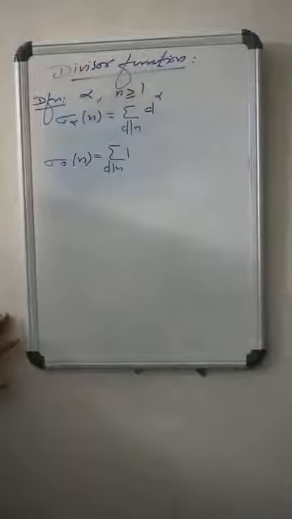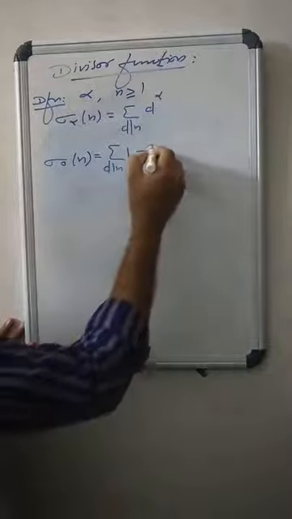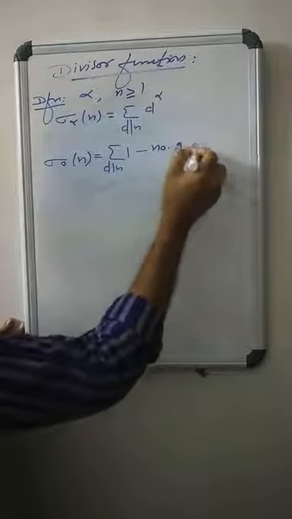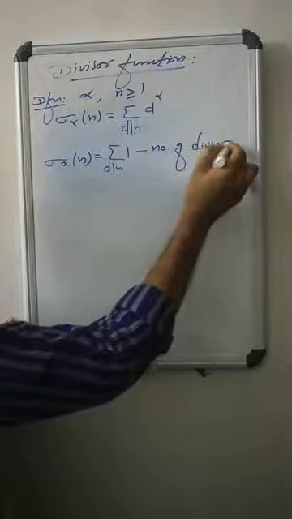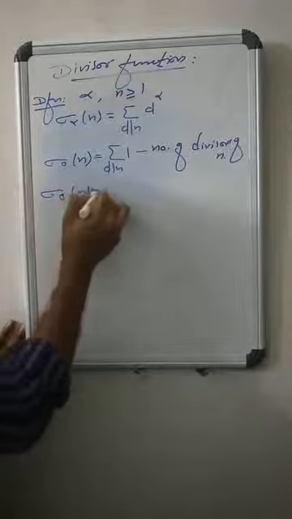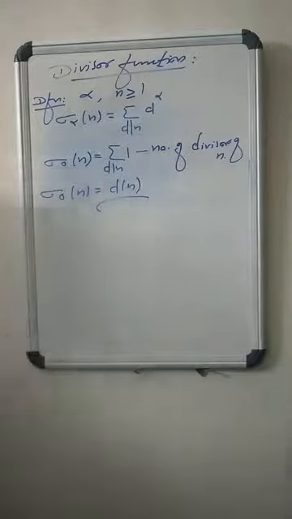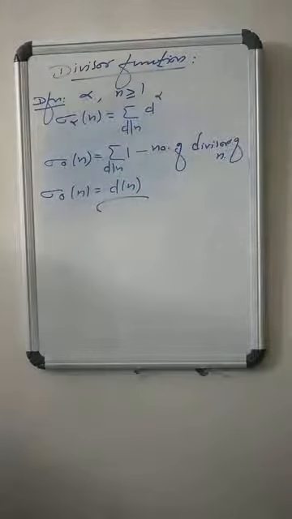Agreed? So σ_0 of n equals the sum over d dividing n of 1, which is the number of divisors of n. Means σ_0 of n equals d of n, the number of divisors of n.